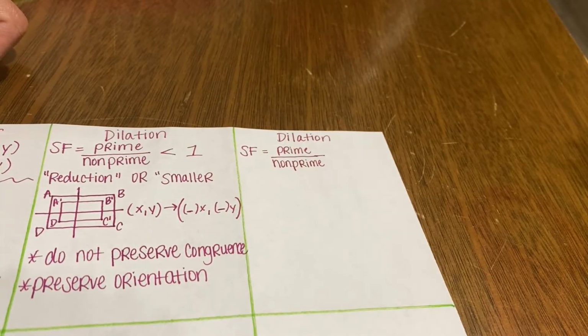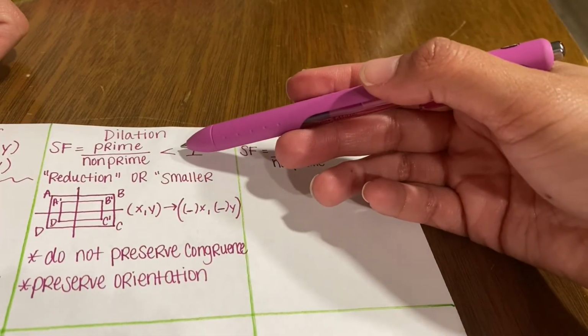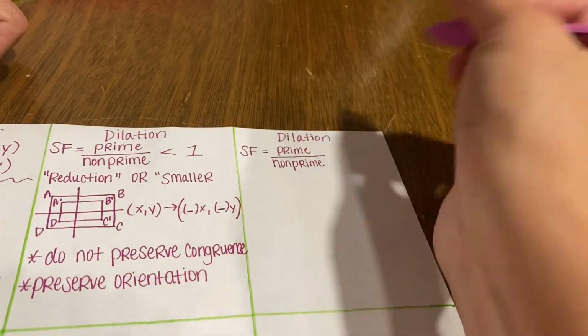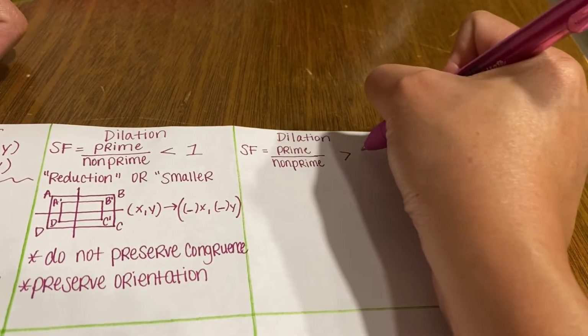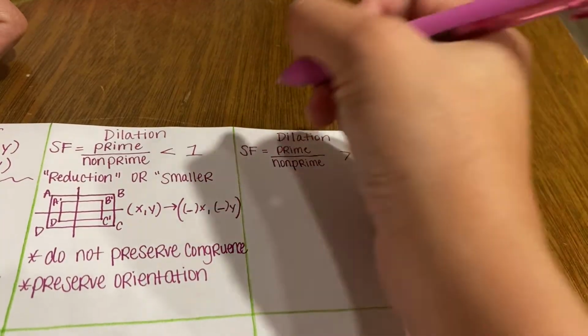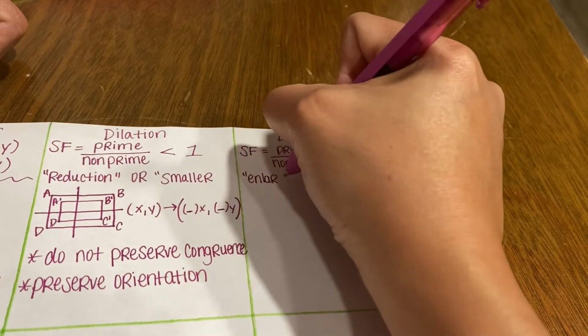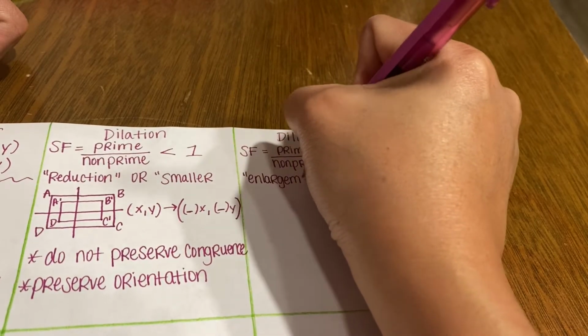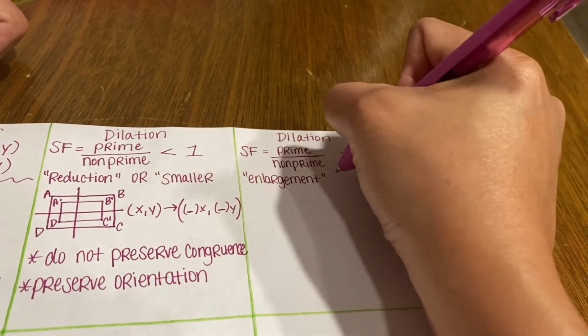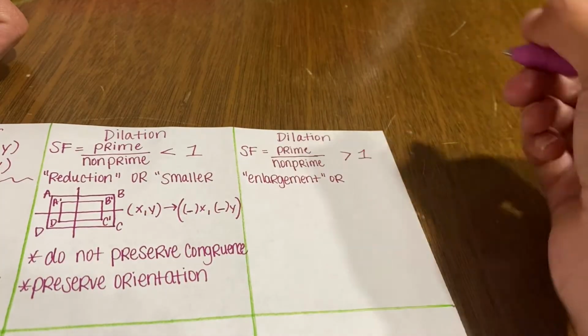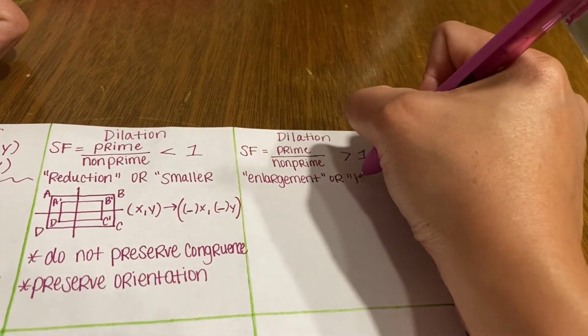This time, however, instead of talking about the scale factor being less than 1, I'm going to talk about the scale factor being greater than 1. And in STAAR, this is called an enlargement. Or they can say that the shape was made bigger.